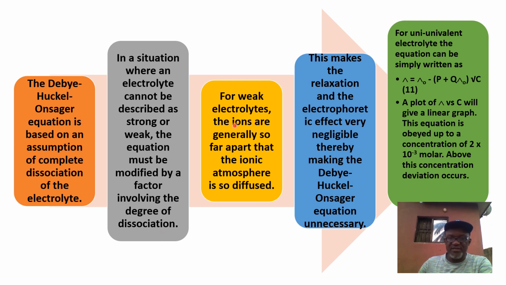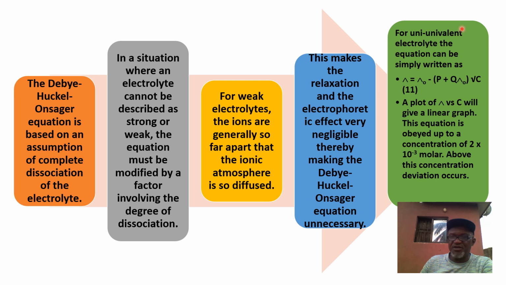For weak electrolytes, the ions are generally so far apart that the ion atmosphere is very diffuse. This makes the relaxation and electrophoretic effects negligible, thereby making the Debye-Huckel-Onsager equation unnecessary. So for a weak electrolyte, the ion atmosphere is diffuse because it's not completely dissociated, so the Debye-Huckel-Onsager equation no longer comes into play.